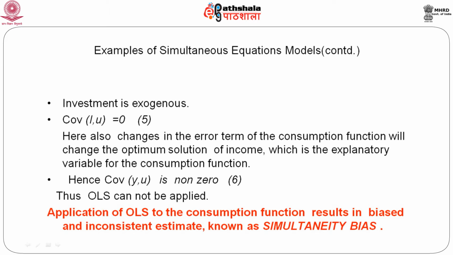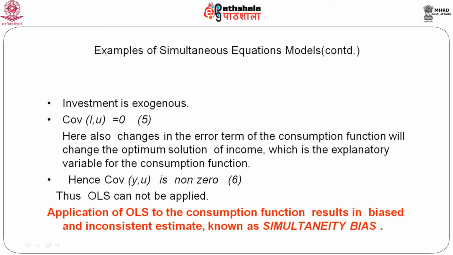Hence, the covariance between the explanatory variable y and the error term u is not 0. Thus, here also OLS cannot be applied, and application of OLS to the consumption function results in biased and inconsistent estimates of the structural parameters. You can treat this as a simultaneity bias.